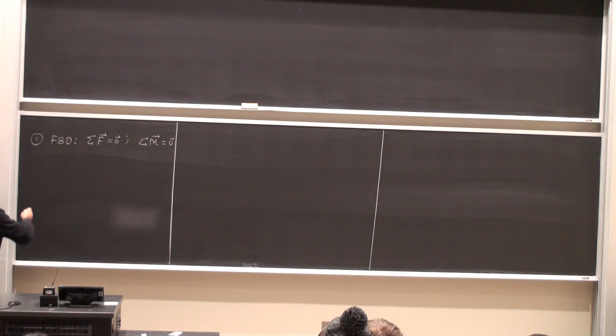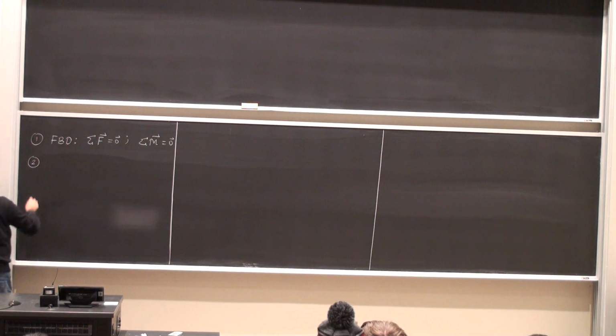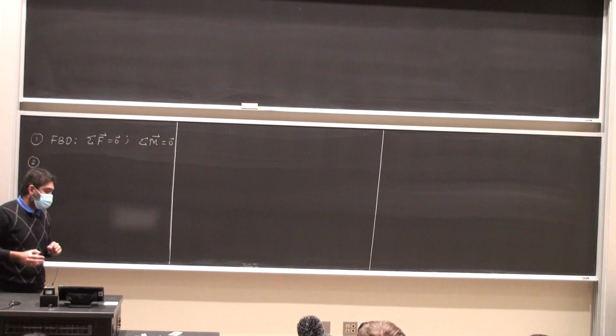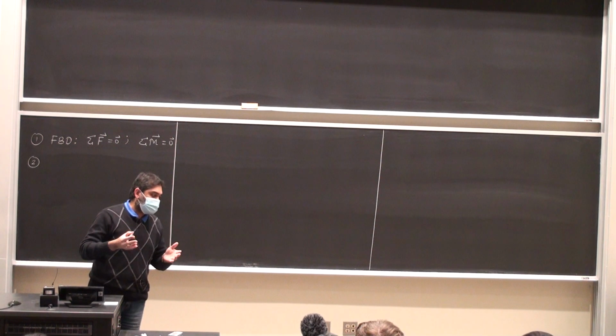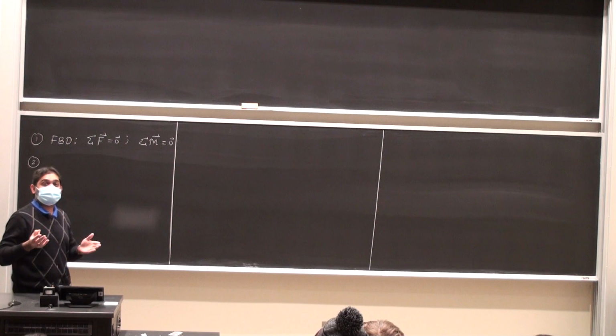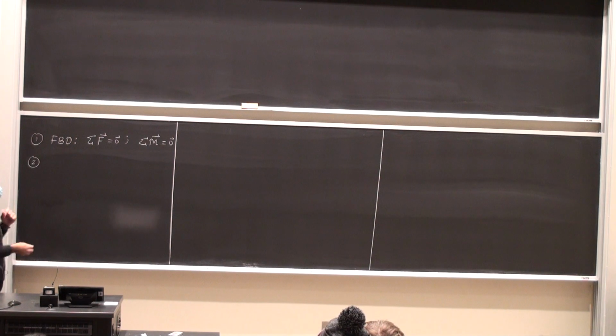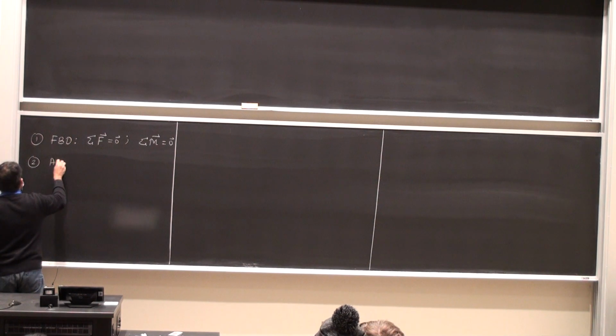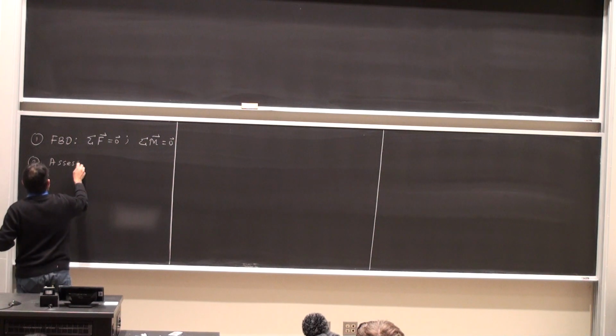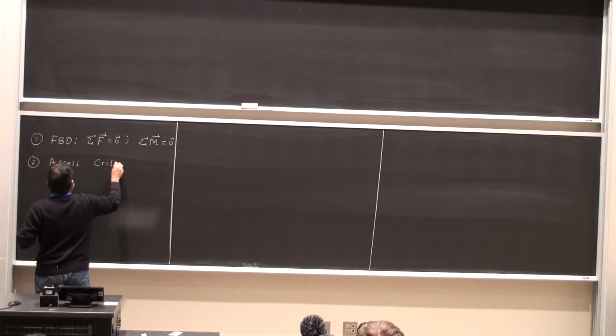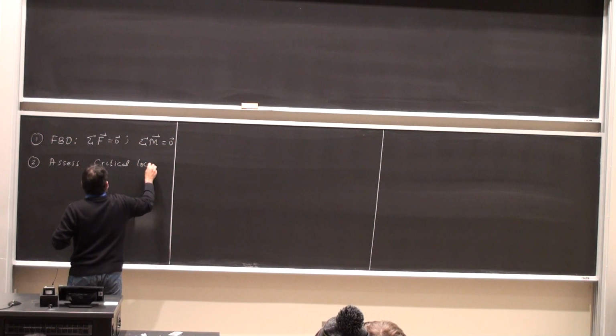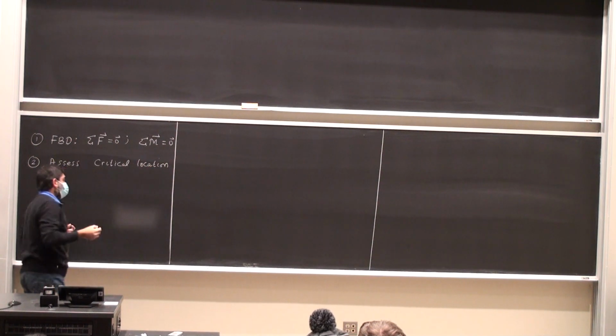So the second step is to assess critical locations, which are locations where the internal forces are the largest, or the internal moments are the largest. Okay? So assess what is a critical location?